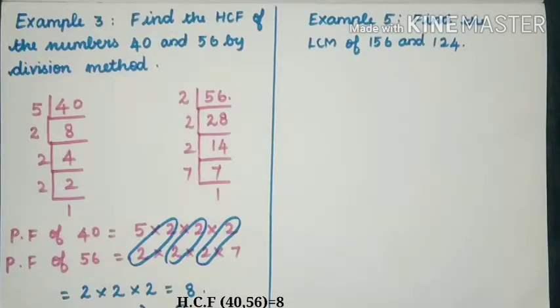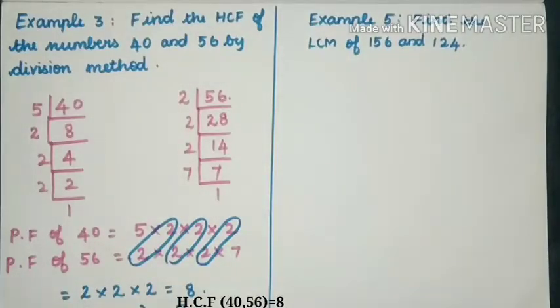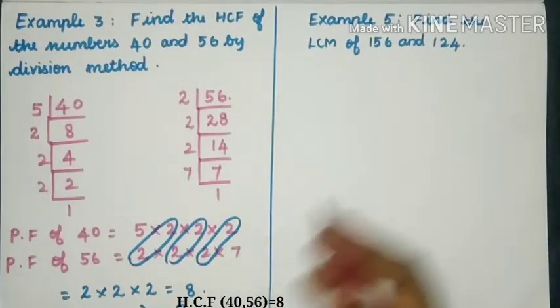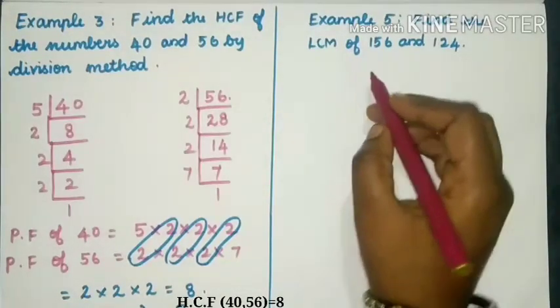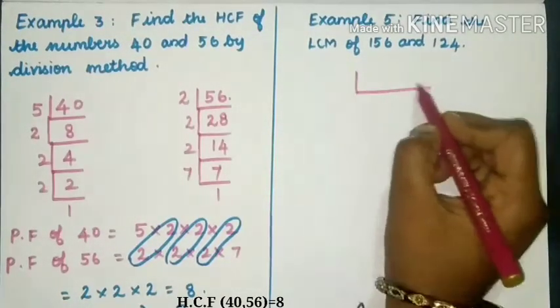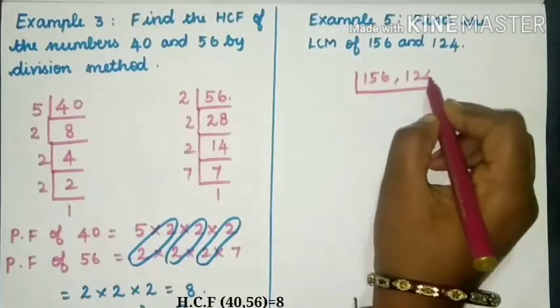Now let's find the LCM of 156 and 124. Find the LCM of 156 and 124. To find the LCM, you have to write the numbers all together. 156, 124.